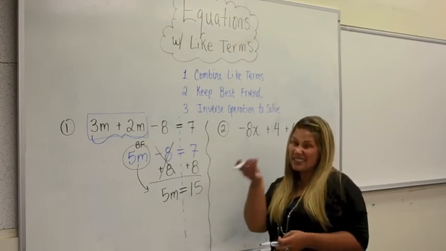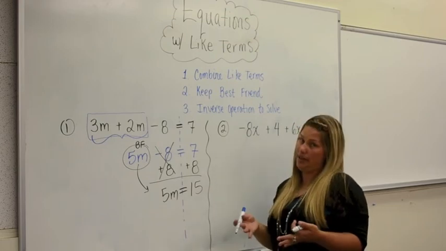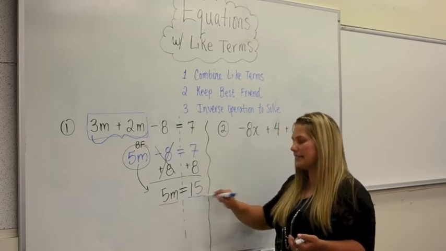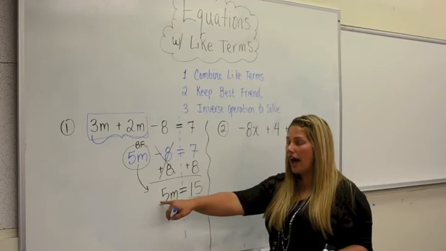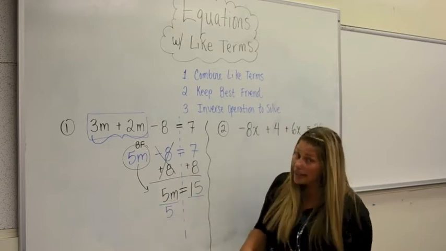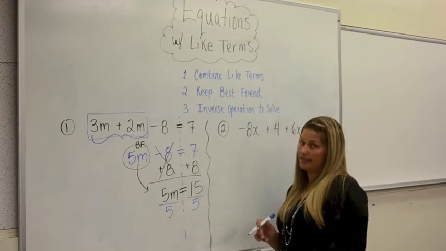But now 5 is touching that m. And remember, touching means multiply. So to get rid of multiply, I have to divide. And the number that's touching the m is the 5, so that's what I have to divide by. But if I do that to the left side, I have to do the same exact thing to the right side.